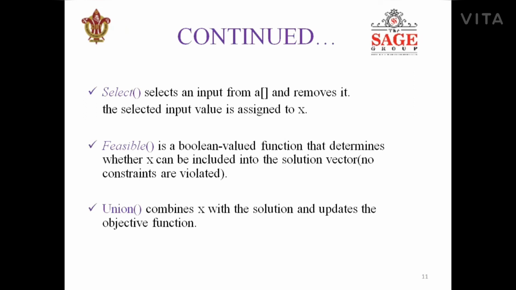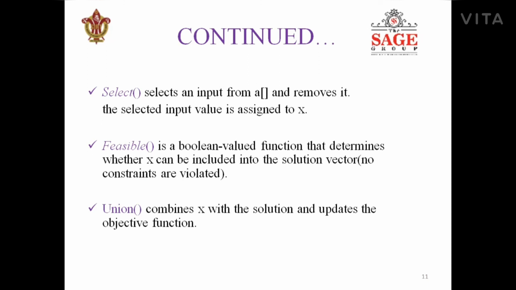Here you can see that there are three main functions in the greedy algorithm. First one is the select function, second one is feasible, and third one is the union function. Select function selects an input from A and removes it. The selected input value is assigned to x. Select function also has some constraints according to the problem statement.